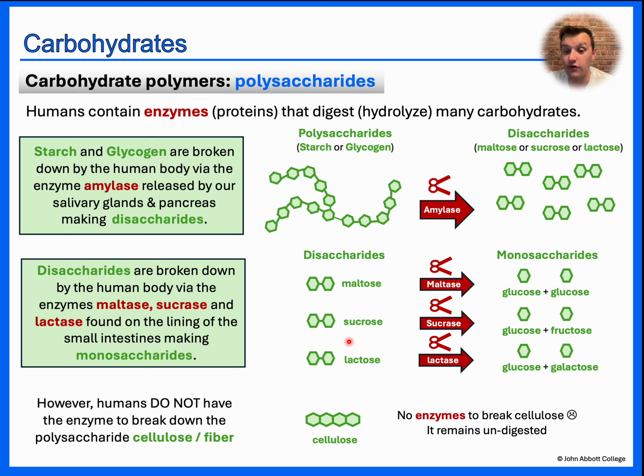Lactose, if you drink milk, hopefully you have this enzyme, lactase, but my friends who have lactose intolerance do not have this enzyme, right? They will take lactose and break it down into glucose and galactose. So this is how we break down stuff in the human body.